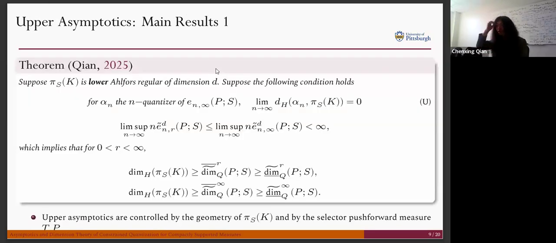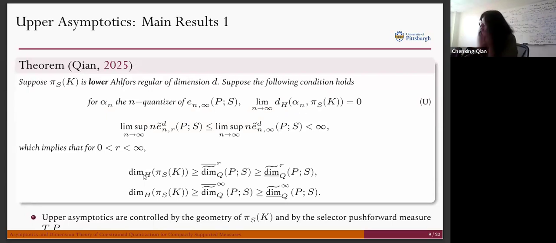And so here come the main results, the upper asymptotics and the lower asymptotics in this case. For the first result, we assume the condition U here, which says there exists a sequence of quantizers which can approximate the projection of K on S in Hausdorff distance.